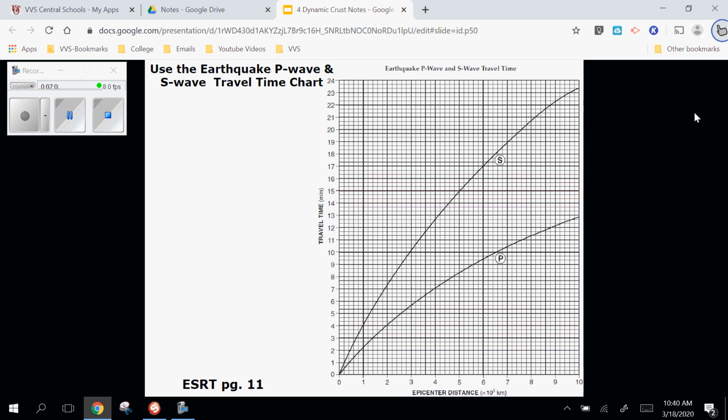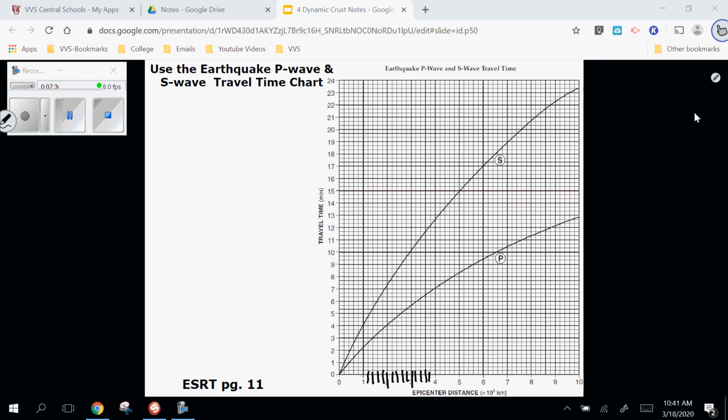Down at the bottom, we have a distance scale in 1,000 kilometers. So this is 1,000, this is 2,000, 3,000, 4,000. If that's the case, then each of these little lines must be 200. So that's 1,200, 1,400, 1,600, 1,800. There's 2,000, 2,200, 2,400, 2,600, 2,800, 3,000, 3,200, 3,400, 3,600, 3,800.